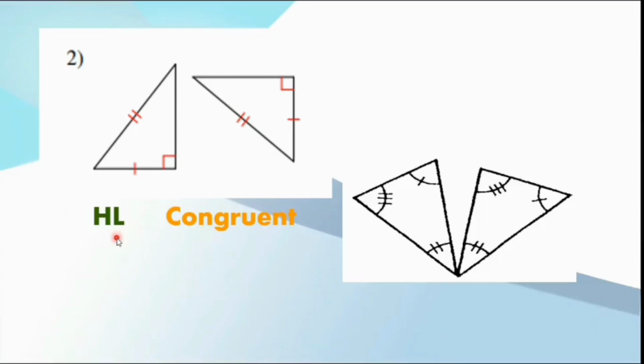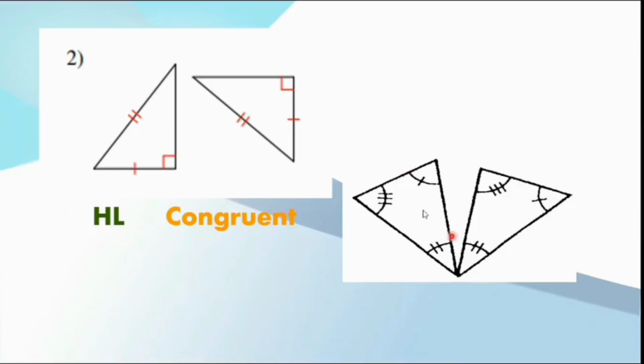Okay, so let's proceed to our last pair of triangles. Number 10, as we can see, there are three pairs of corresponding parts that are marked congruent. Specifically, there are three pairs of corresponding angles that are marked congruent. So we have angle, angle, angle.